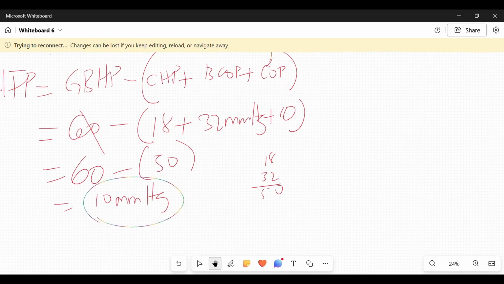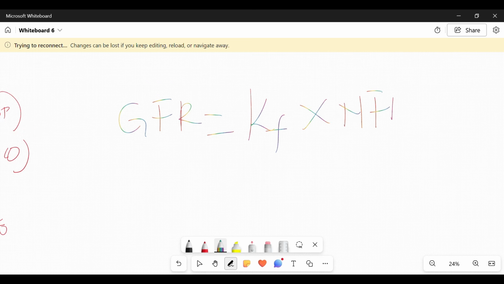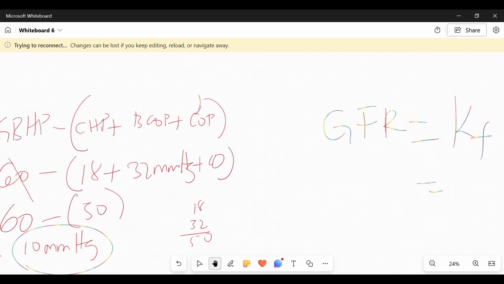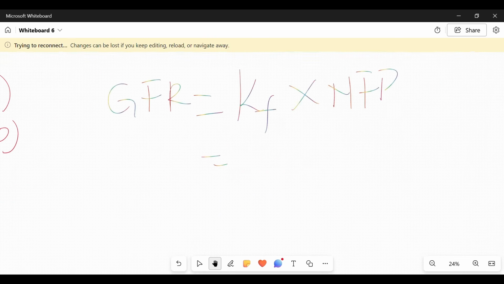So with our glomerular filtration rate, GFR, it is our filtration coefficient multiplied by the net filtration pressure. Our filtration coefficient from the question that was given is 12.5.